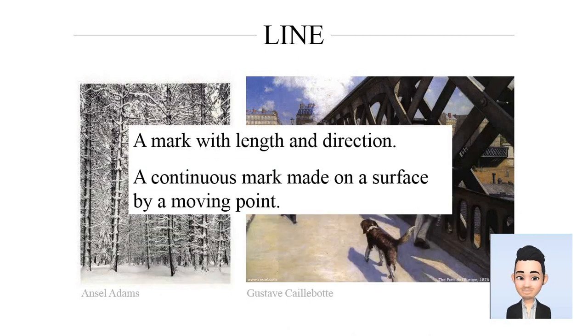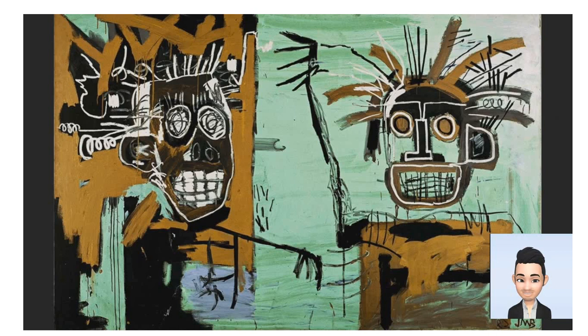So what are some words that we can use to describe some different types of lines? Let's look at this image by Jean-Michel Basquiat and see what kinds of lines we can find.